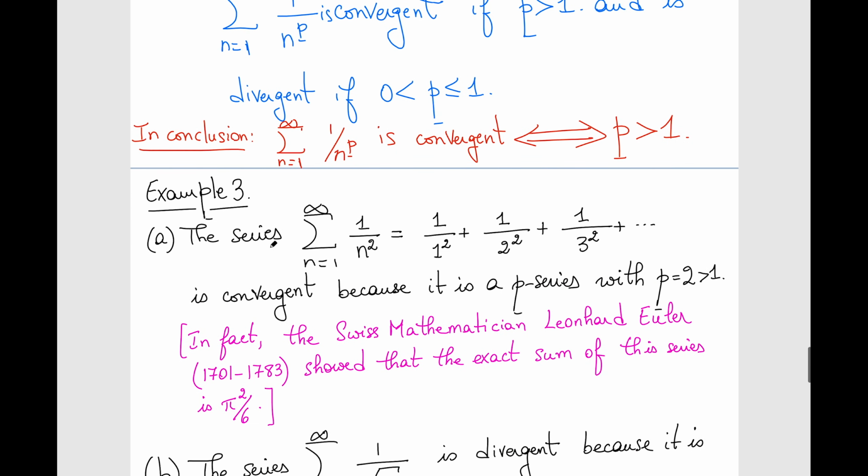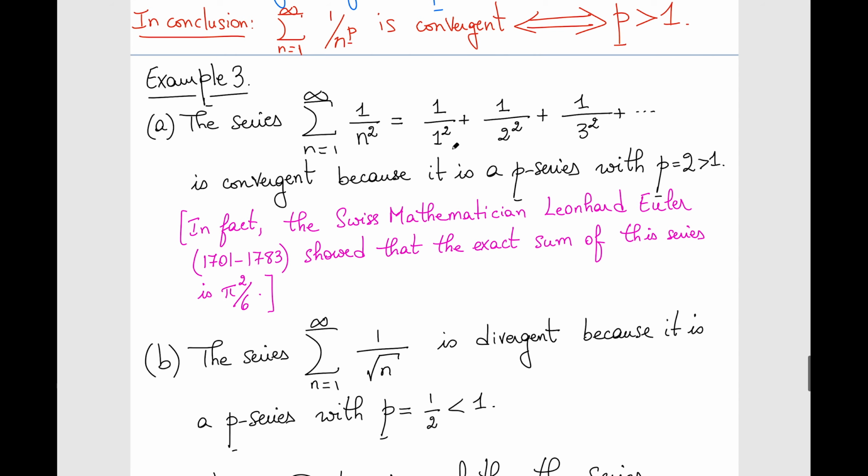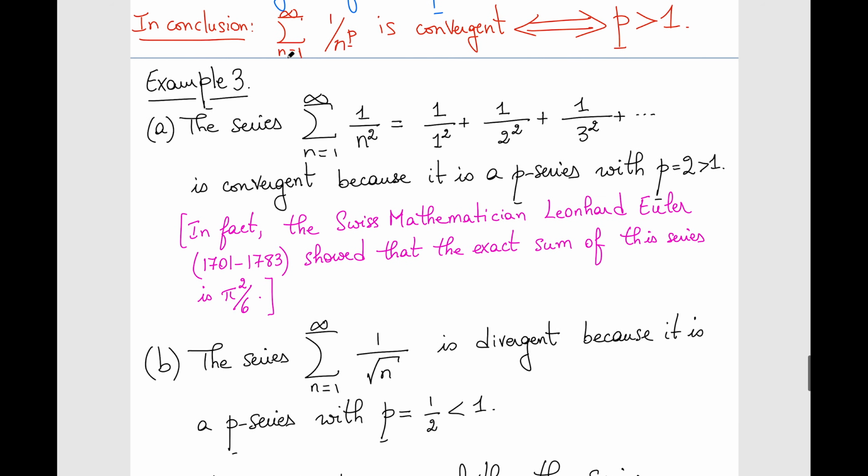All right, example 3. This is a direct application of this conclusion that we just derived. Remember, how can we summarize example 2? The p series converges if and only if p is bigger than 1. This is the result of example 2. Let's apply it now. Take a look at this series. What are the terms here?